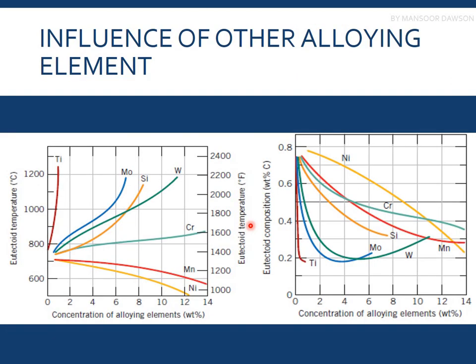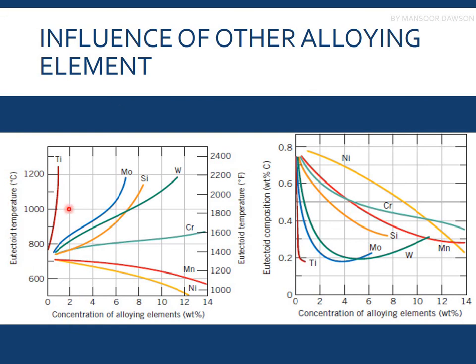Okay, so the influence of other alloying elements. If we add certain alloys to the iron carbon chemistry, we can have different eutectoid temperatures and compositions. So if you are adding titanium, molybdenum, silicon, or tungsten, what is happening over here is that the eutectoid temperature is increasing from 727 and above.